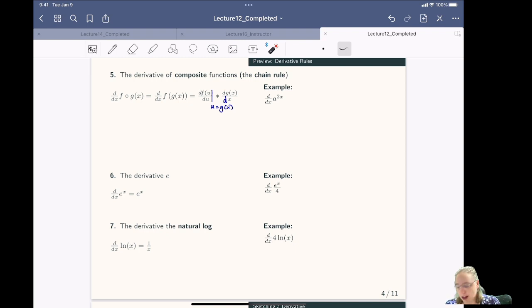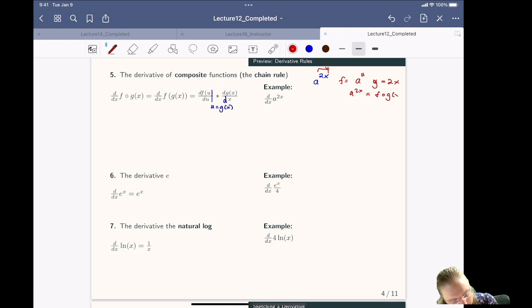All right, that's a lot to handle here. In order to see how this works, suppose we have the function a to the 2x. A to the 2x is a composite function of two other functions. If we call this quantity u, then f is equal to a to the u, and g is equal to 2x, so a to the 2x is equal to f of g of x.